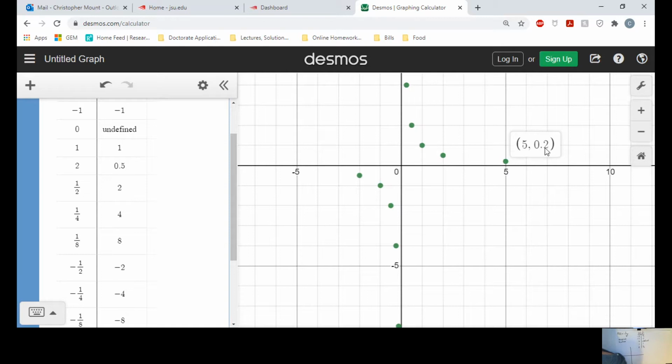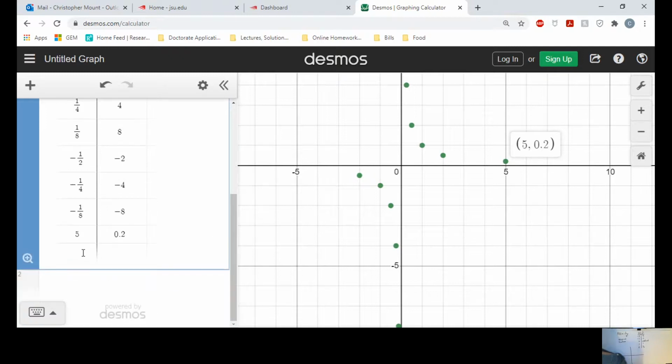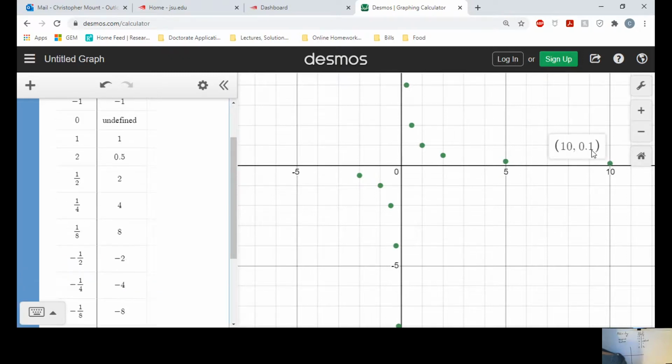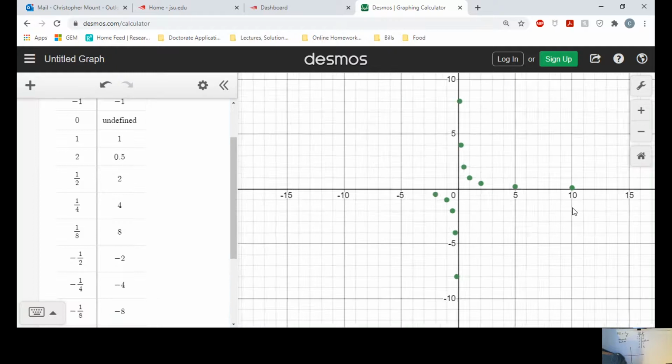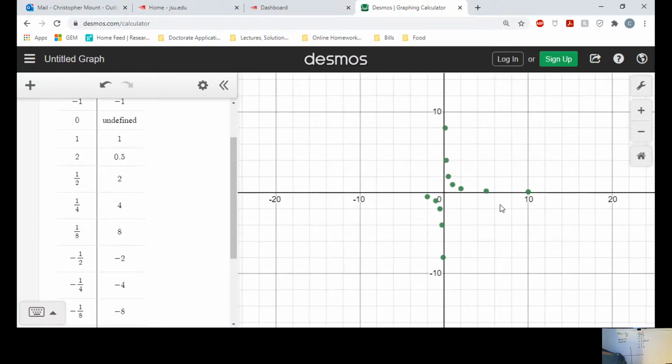That's the output. 0.2 is the same as 1/5. Cool. And that's pretty much what it's going to keep doing as we go further out. So if I pick x equals 10, its output is 1/10, in other words, 0.1. So that's what's happening as we let x get large this way.